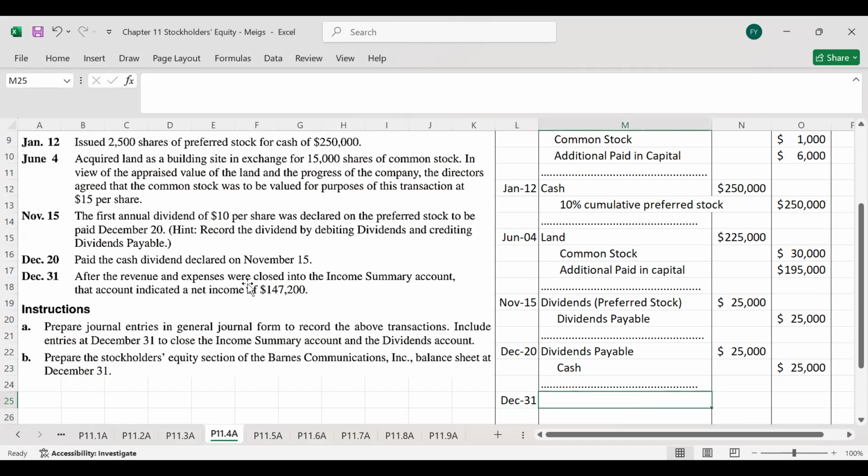So first entry is about net income. Because revenue has already closed in income summary account, now we are going to close income summary on the debit side, and income summary is closed in the retained earnings.